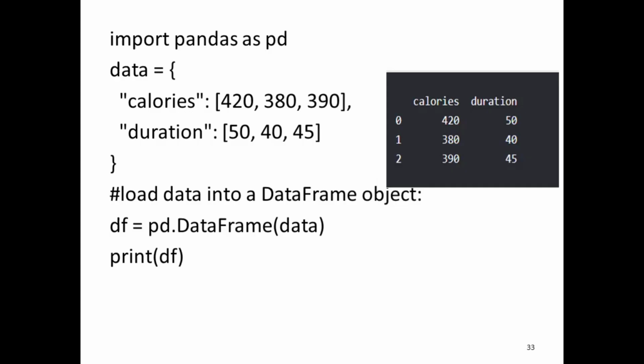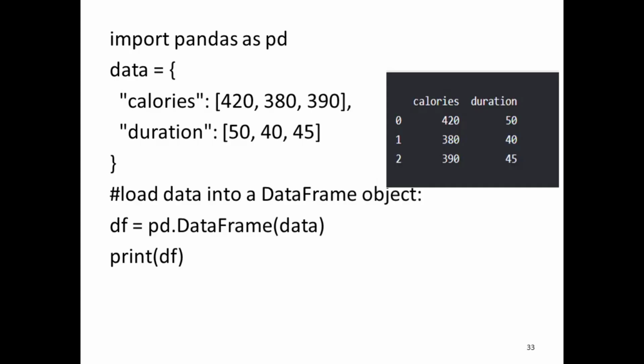The numeric values are the respective values. And the second column name is duration, and the respective values are 50, 40 and 45. So the first row is 420, 50, then 380, 40, and 390, 45.